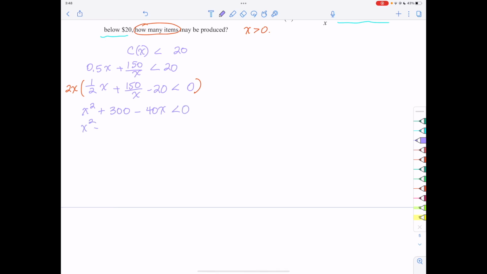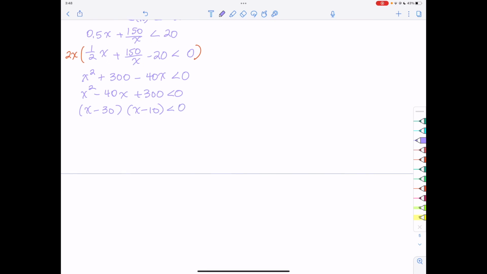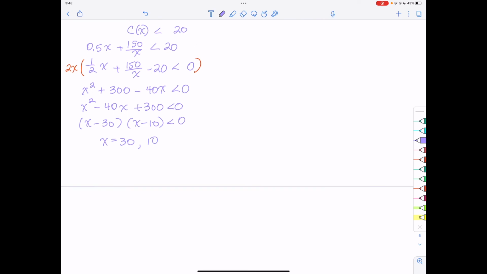And let me just rearrange those. And then that's pretty straightforward. x minus 30 multiplied by x minus 10 is less than 0. And we have x is equal to 30 and 10.